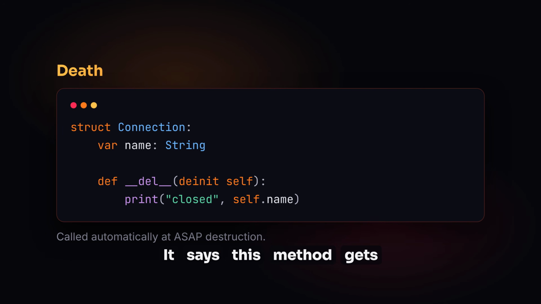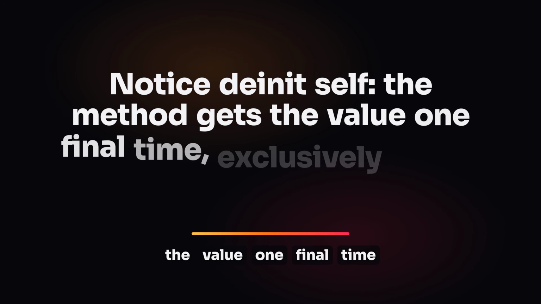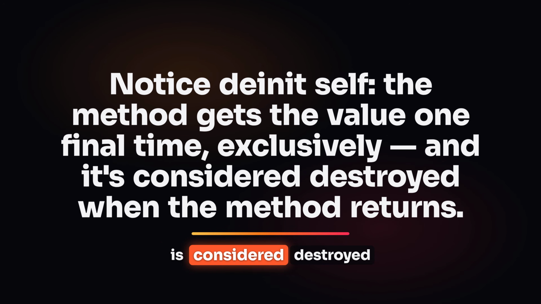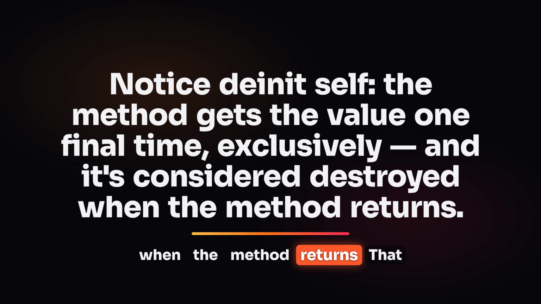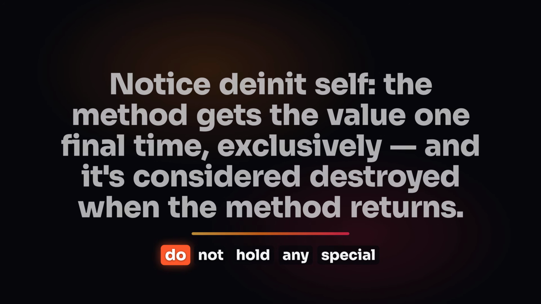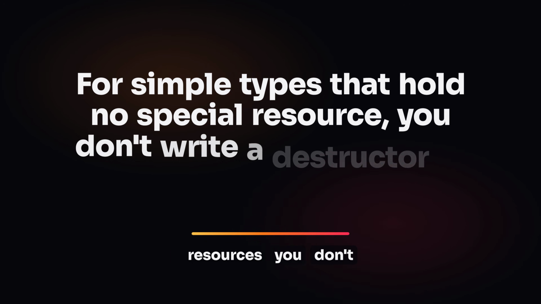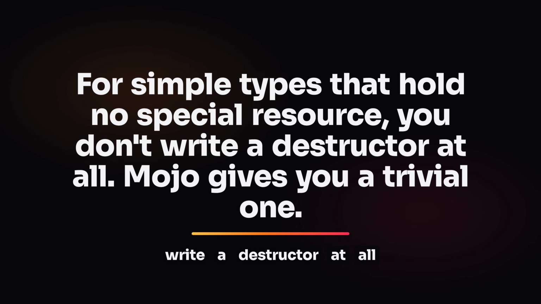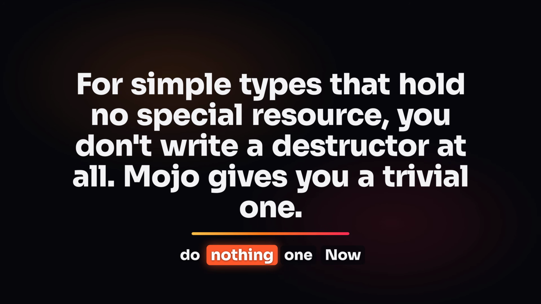It says this method gets the value one final time, exclusively, and the value is considered destroyed when the method returns. That exclusive access is what makes teardown safe. And for simple types that do not hold any special resources, you don't write a destructor at all. Mojo gives you a trivial do-nothing one.